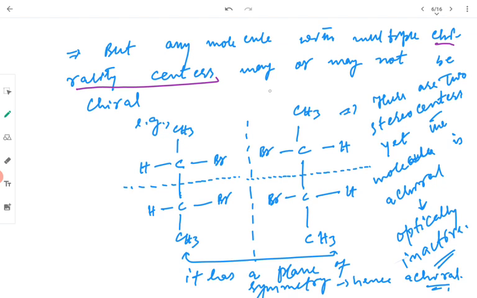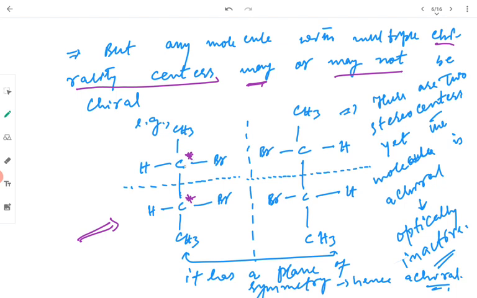But there is a problem with molecules which have multiple chirality centers or multiple asymmetric centers. Those molecules may or may not be chiral. An example is given here. This molecule has two chiral centers, two asymmetric centers.